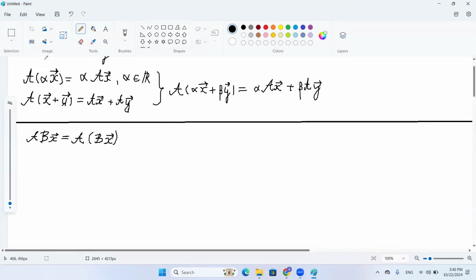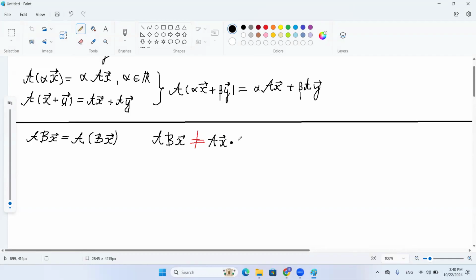So ABX doesn't equal the next. It doesn't equal. So even I will write it in red. Doesn't equal. So maybe possible, but only for some specific cases.